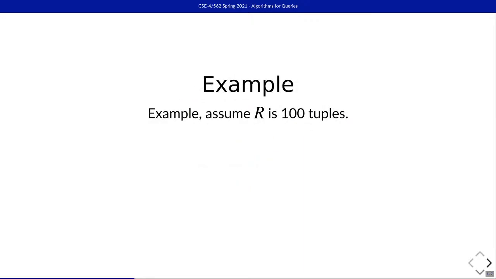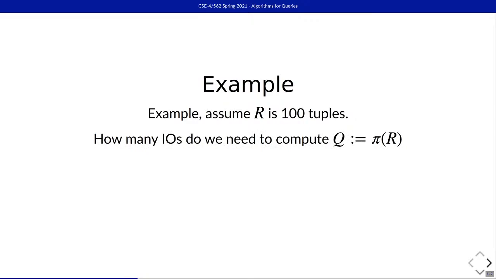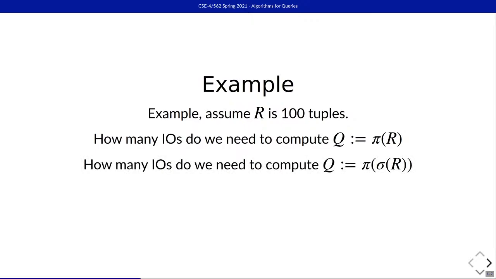Again, let's assume that we have 100 tuples in R. Computing the projection of R is still going to be 100 I/Os, and computing the projection of a selection of R is still going to be 100 tuples worth of I/O. So, to emphasize this point, projection and selection never add new I/Os.